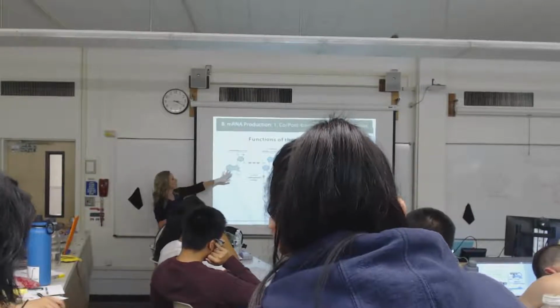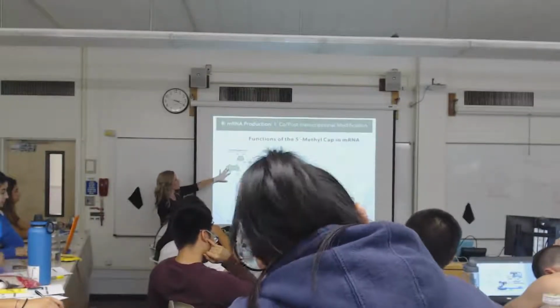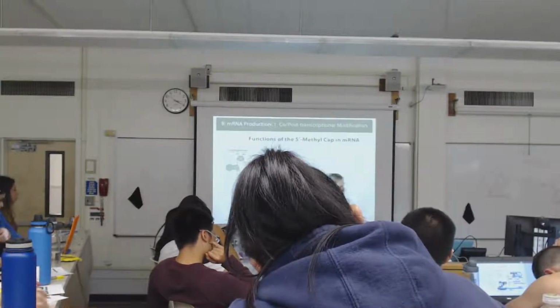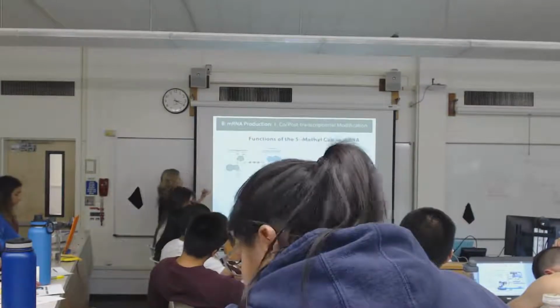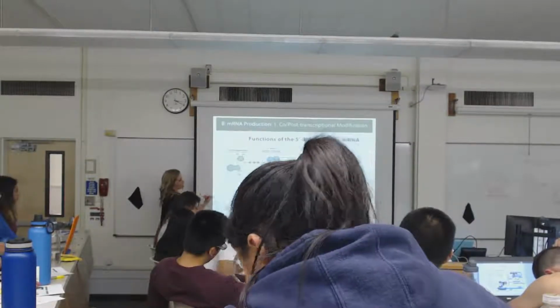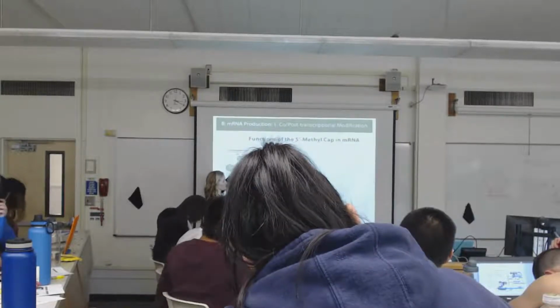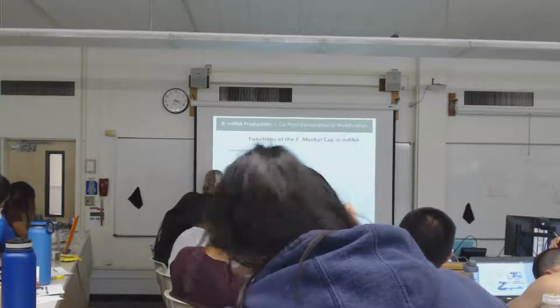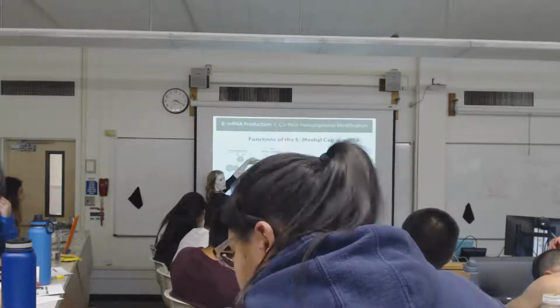Okay, so here's a better look at the structure of the 5' cap. And so the way that this modified guanosine is added is a little bit funky. So if you look at the RNA, just like DNA, the nucleotides are added 5' to 3'. The 5' to 3' refers to the position of the carbon, right?